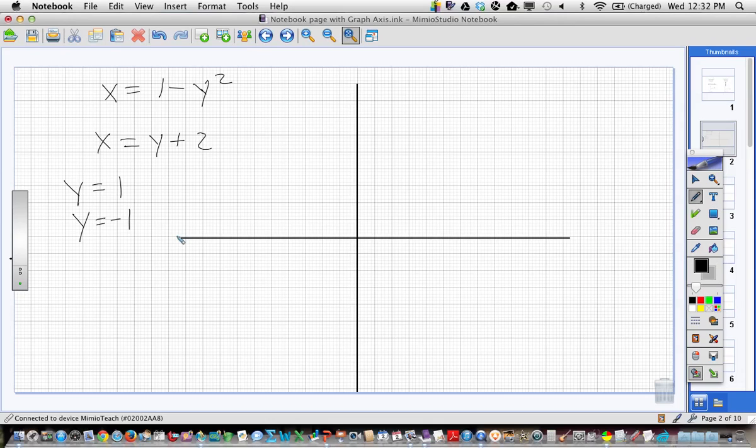The difficulty is these ones where they got it solved for x. So one option you have to graph them, especially if you're going to use your calculators, is to get y by itself.